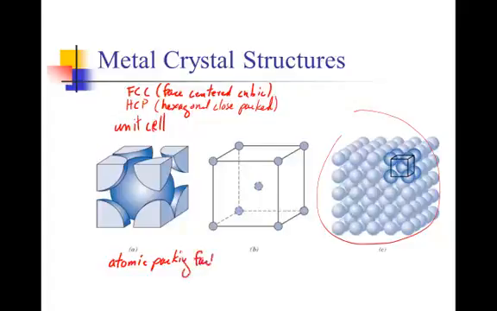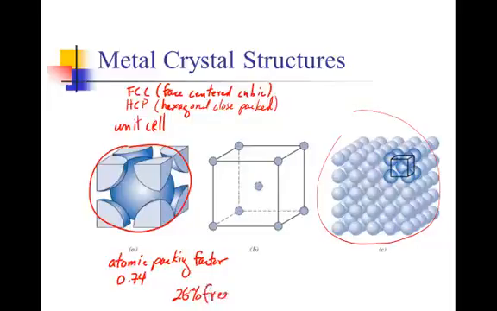So we have what we call for each structure the atomic packing factor. And for our close packed structures, that's going to be 0.74 or 74% of the volume in this unit cell is actually occupied by atoms. And that leaves 26% as empty space, or what we call free volume.